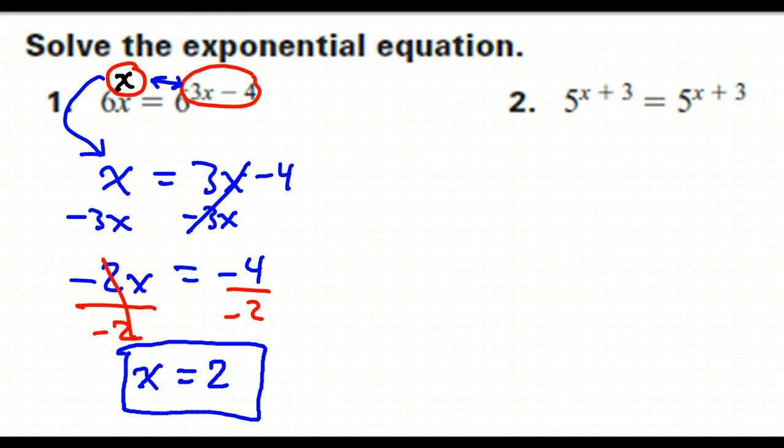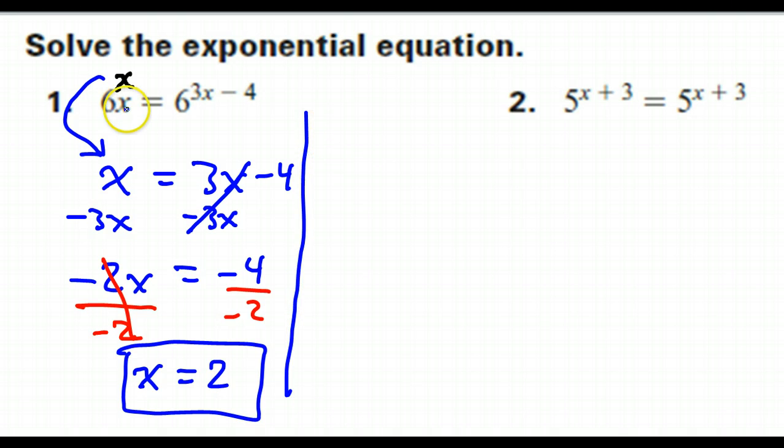Now if you wanted to check your work, you could. If you plugged this 2 back in for x, you could check to make sure that it's a valid solution. If I put 2 in for x, that makes this 6 squared. If I put 2 in for x right here, then that makes this 6 to the 3 times 2 minus 4 power.